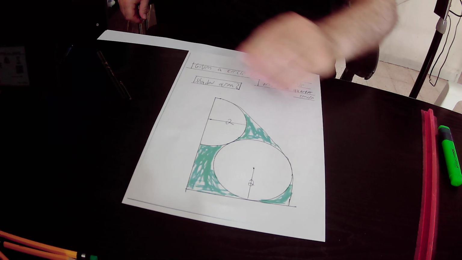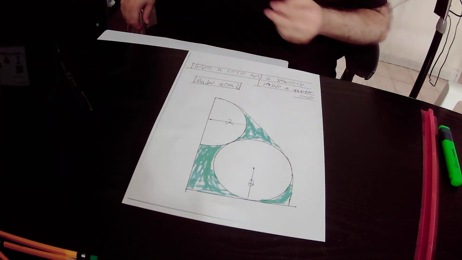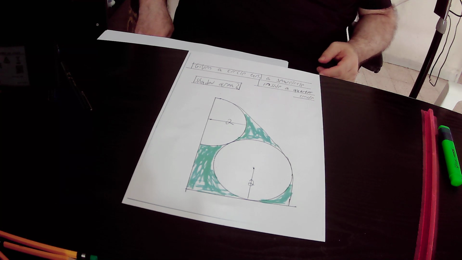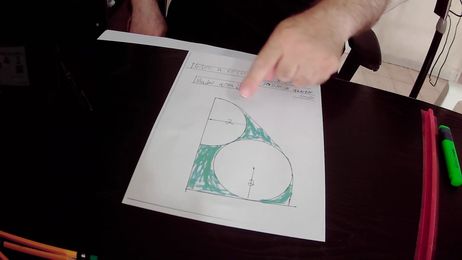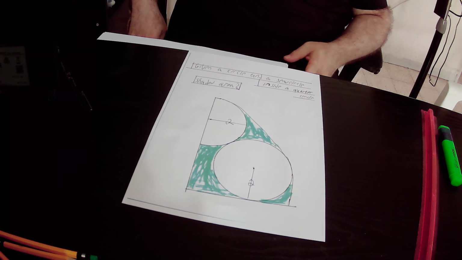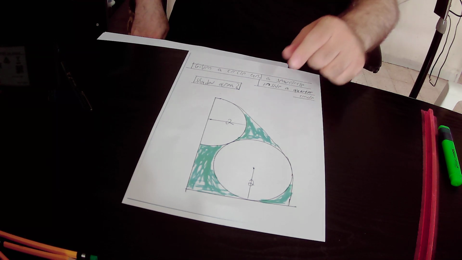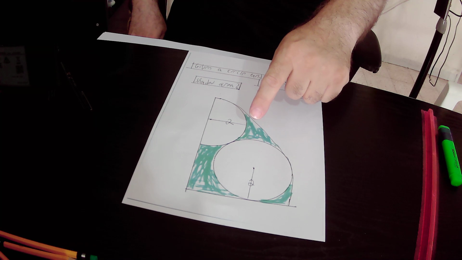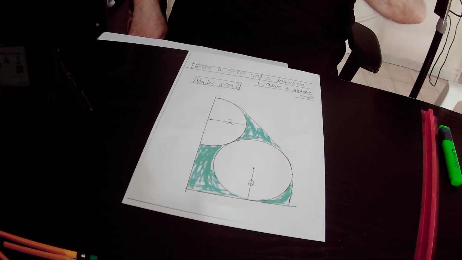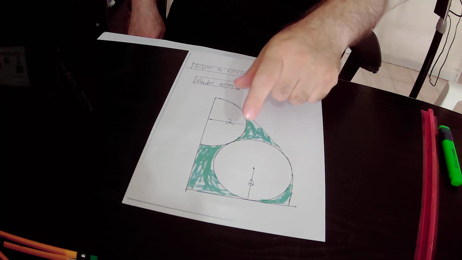Here in the drawing, we have a quarter circle. Inside this quarter circle, we have a circle and a semicircle that are touching each other at this point. This is the point of tangency between those two circular shapes.